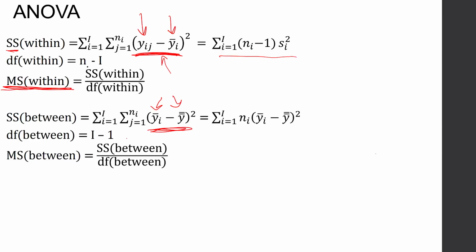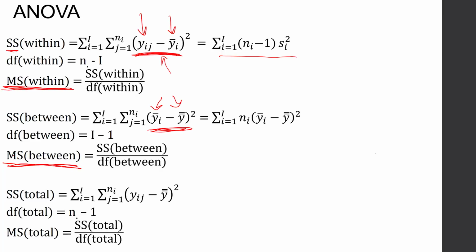So the degrees of freedom for this one is the number of groups minus 1. Again, you can still think of the degrees of freedom the same way we always have, as being docked by 1. And of course, the mean squared between is the sum squared between divided by its degrees of freedom.